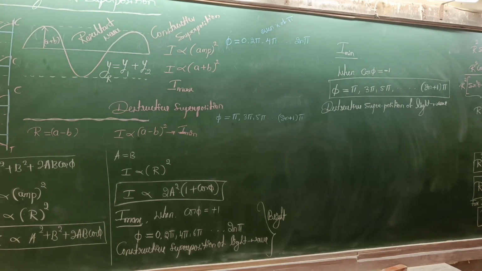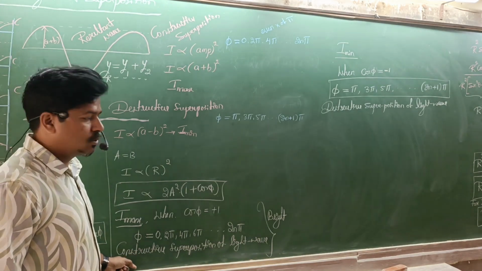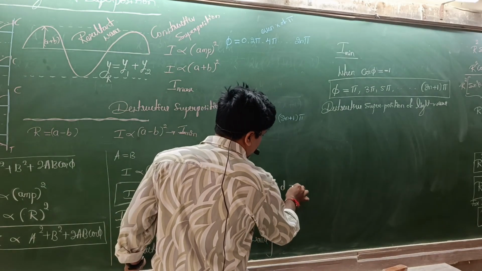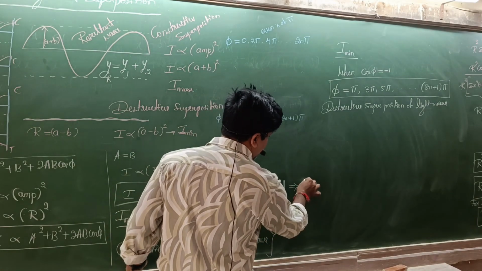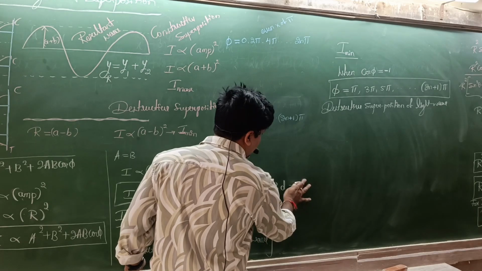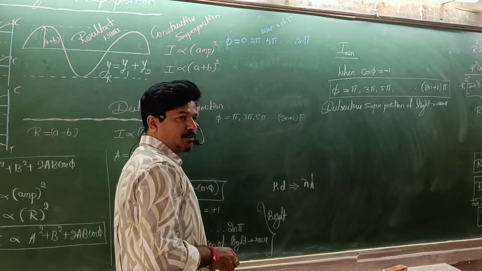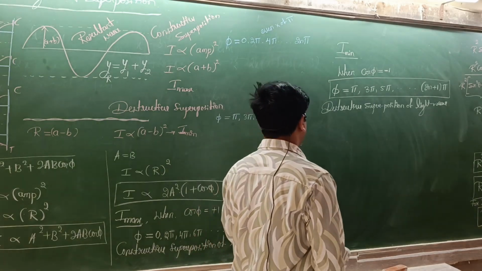In the last session we discussed the path difference in constructive superposition. In constructive superposition, the nth term of the path difference is nλ.